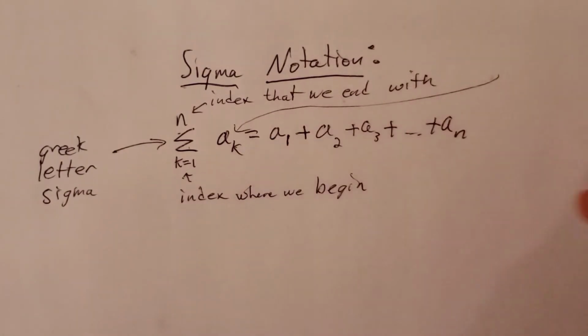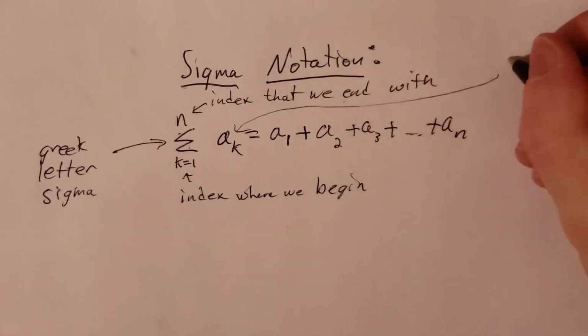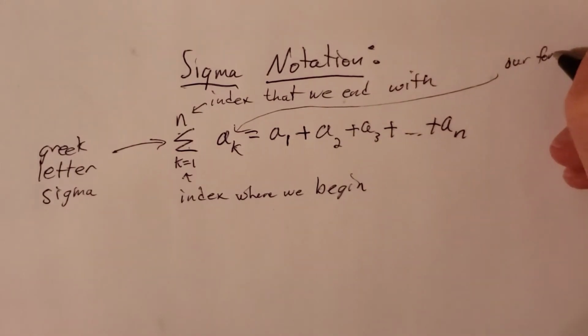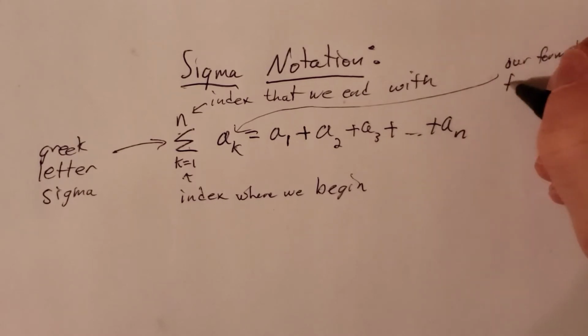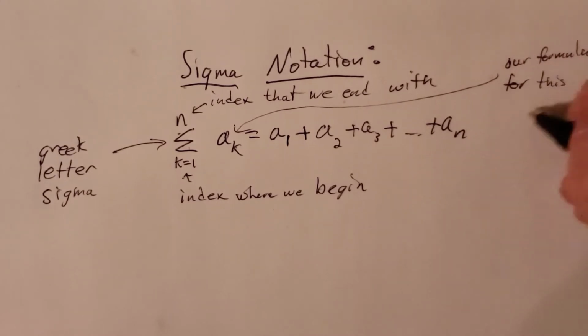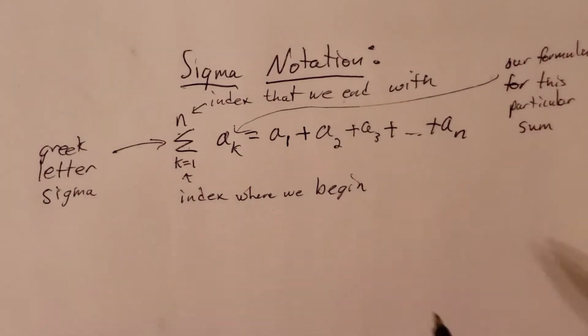And this a sub k is just the formula for this particular sum. This is what we add at each step.